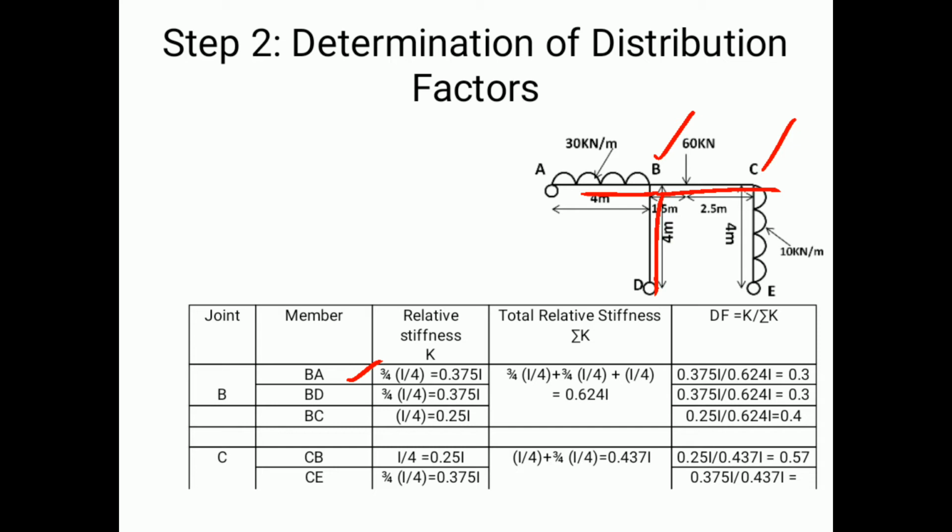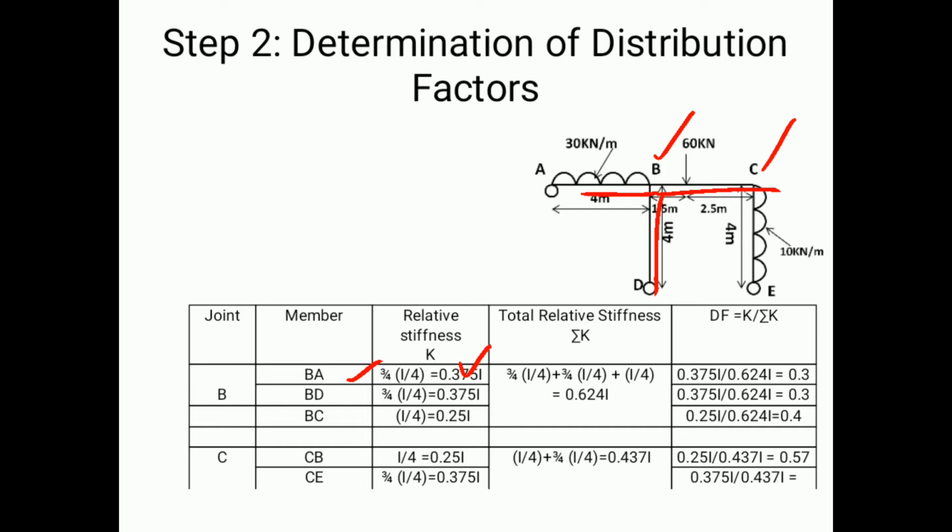Since A is the farther end for B with BA as a member, and this farther end A is a roller support, the relative stiffness will be 3/4 of I by L. Here I is constant throughout, and L is 4 meters. If I solve it, I will get 0.375 I.